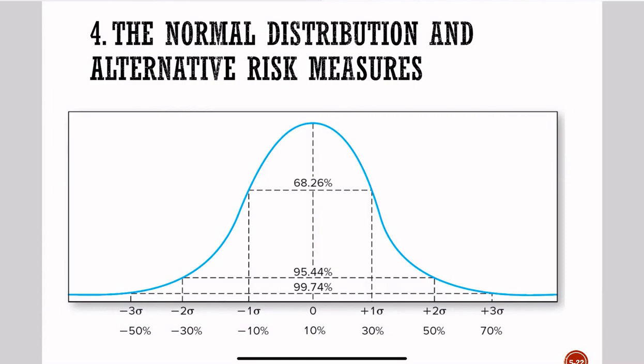So now you're seeing a picture here. This is the probability density function, the PDF, of a normal distribution.